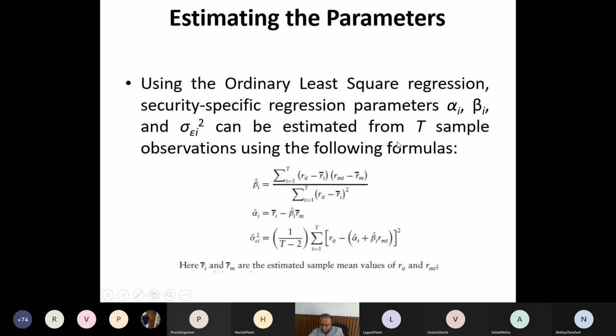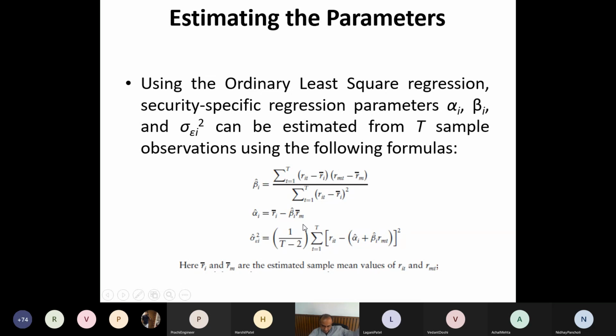So we have capital T number of samples. As much data as you get from the past history of any stock, you can take it, and based on this we find the estimated values of beta I, alpha I and epsilon I square, right? And those equations are written here. We are not going to derive it. It is derived using ordinary least square regression, and we are not expecting you to remember it.